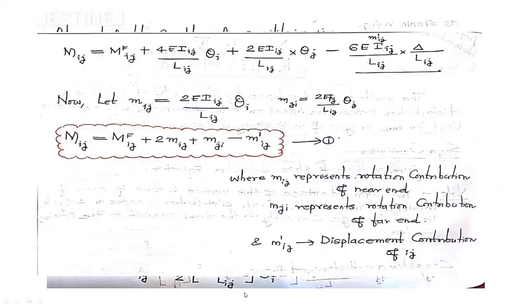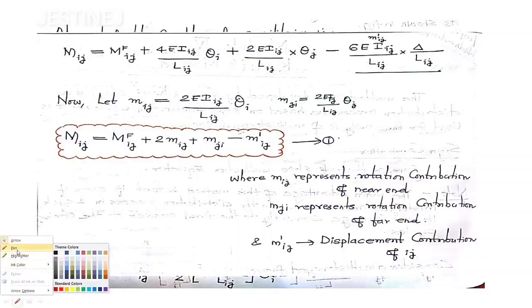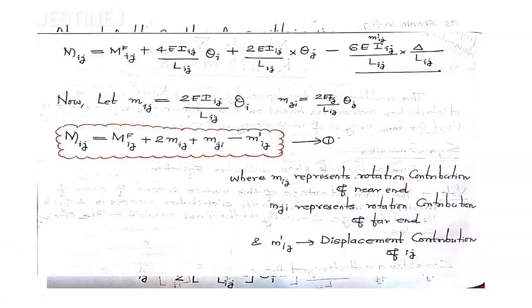Then you have to expand that equation. If you open the brackets, Mij will be equal to M fixed of ij plus 4EIij by Lij multiplied by theta i, plus 2EIij by Lij multiplied by theta j, minus 6EIij by Lij multiplied by delta by Lij.